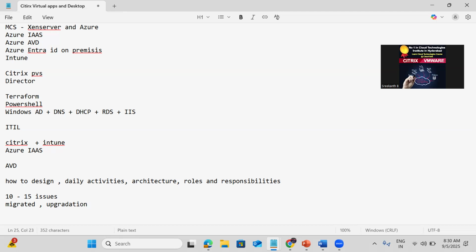So these are all the things we need to manage.